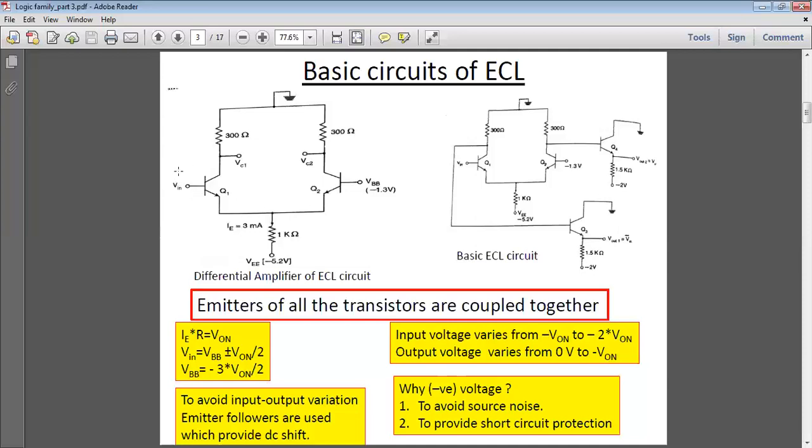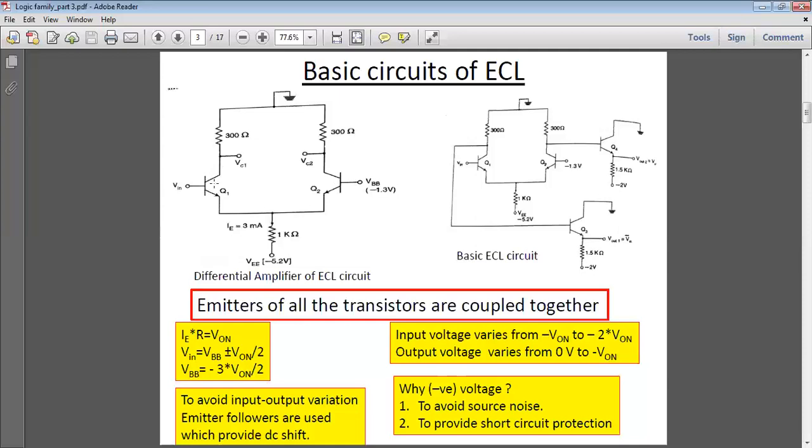So when VE is considered logic low, logic 0, meaning low potential minus 1.7, the potential difference between the base and emitter is less compared to the base emitter voltage of Q2. So transistor Q2 will be in conduction mode, and Q1 will be in off mode.